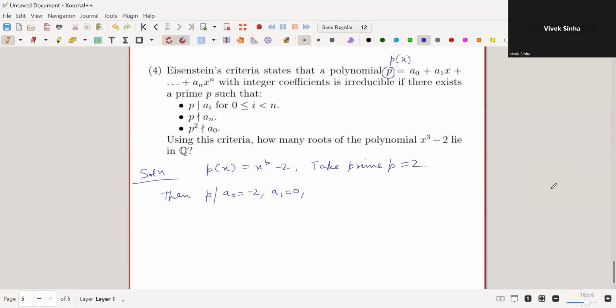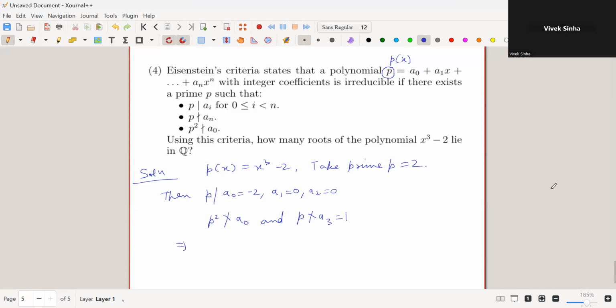So a2, that is also 0. p square, that is 4, does not divide a naught, and p does not divide an, which is nothing but a3.